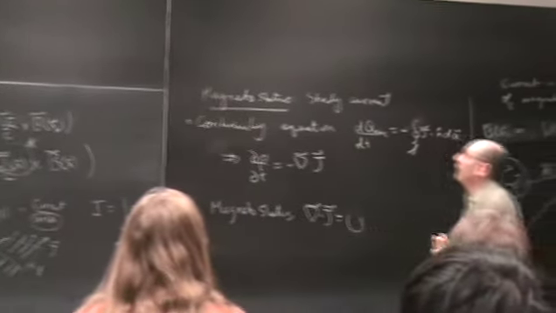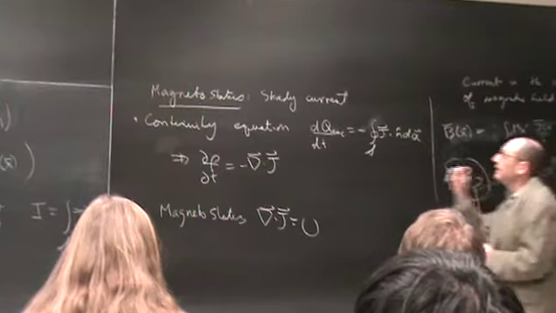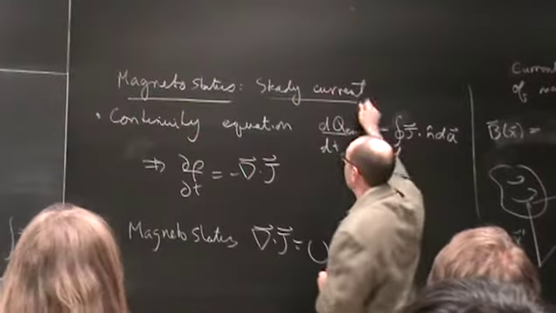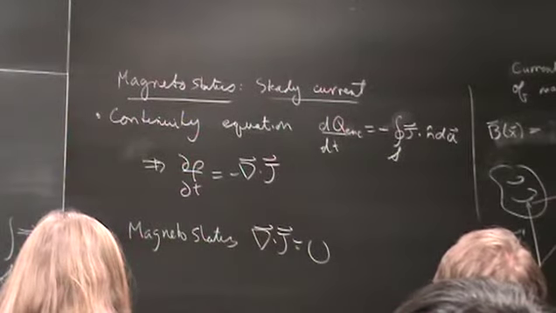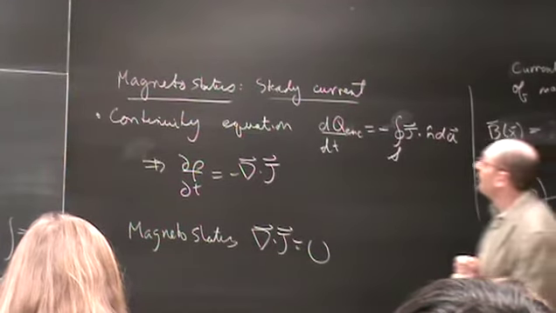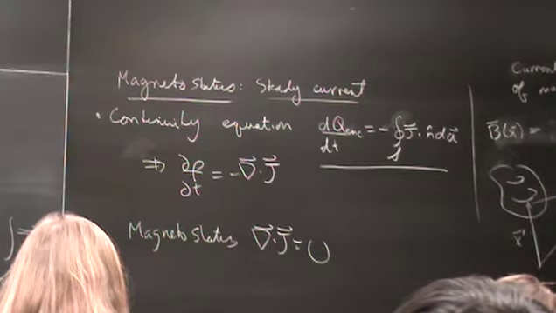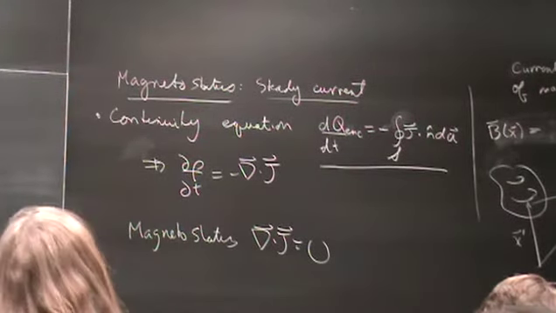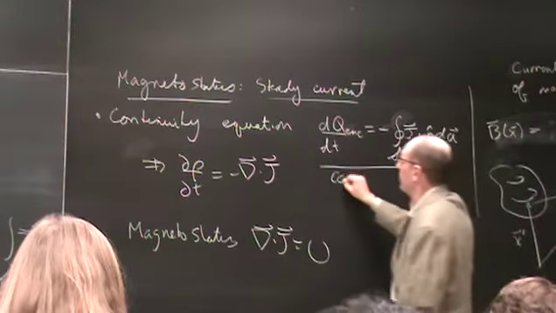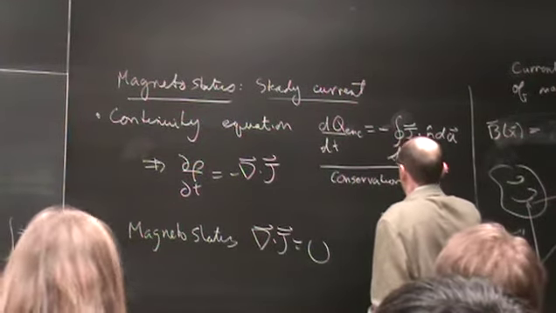So we're right now concentrating on magnetostatics, which is the situation in which we have a so-called steady current, which is expressible thinking about the so-called continuity equation, which is, in this case, the equation for the conservation of charge.